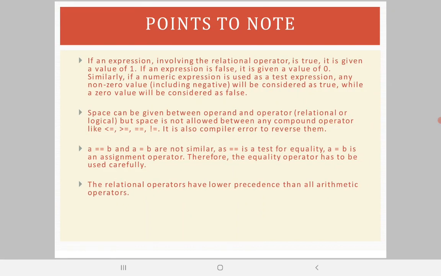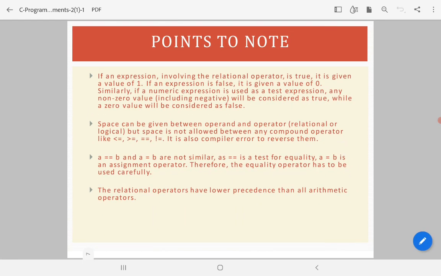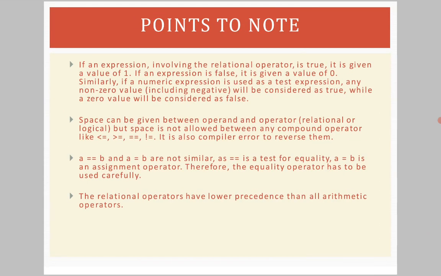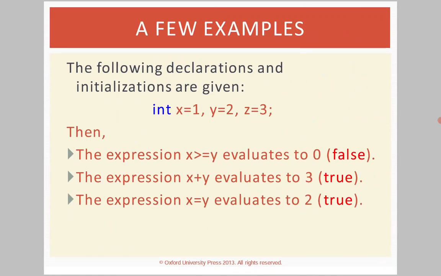Here are some important points regarding operators. So these are some examples. The following declarations and initializations are given. For example, int x is equals to 1, y is equals to 2, z is equals to 3.